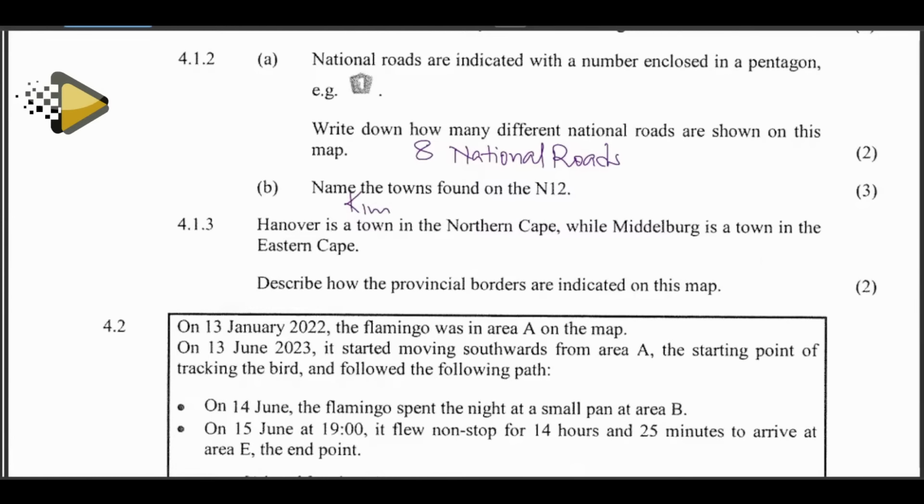Okay, Hama is a town in Northern Cape, so describe how the provincial borders are indicated. We say using what? The dotted lines.